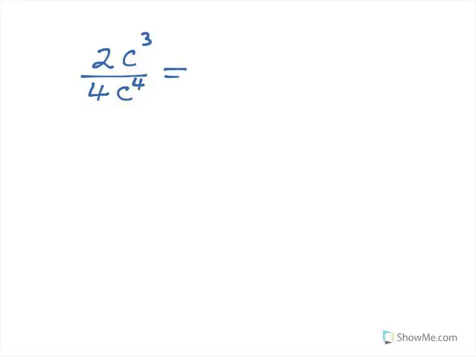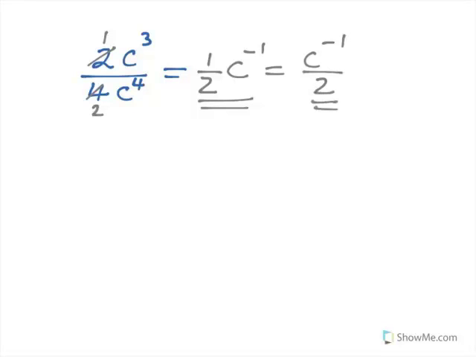Well, the 2 and the 4 will cancel to leave you a 2 at the bottom, and the c cubed divided by c to the power of 4, so we've got a half. C to the 3 minus 4 is negative 1. That's one way to write the answer. You could write it as c to the minus 1 over 2 if you wish.